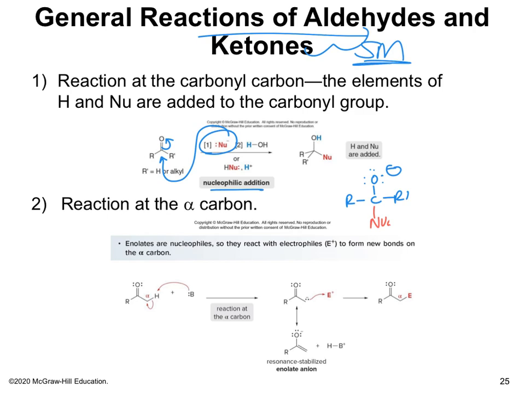And then you quench it with water. Because you do not have a leaving group. So whether R prime is a H or a carbon, and then you've added the nucleophile.